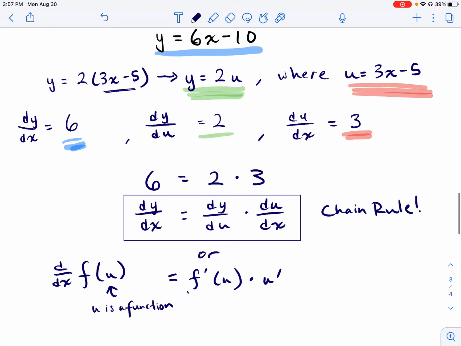That is to say, the derivative of the outer function times the derivative of the inner function. And intuitively, this makes sense because some change to the inner function should cause a change to the outside.